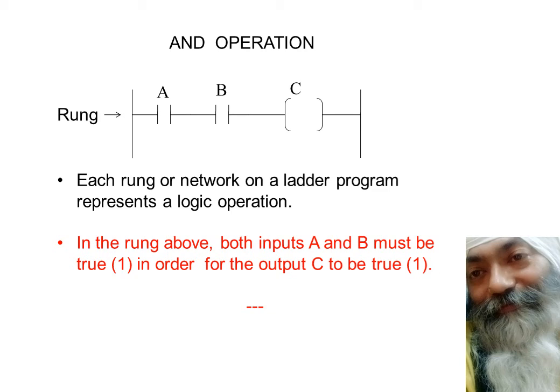In this case A is NO and B is NO, so both are true, both are 1. Only in that case the output C will be true. This is what we call the AND operation. Wheresoever you have two relays in series, that represents an AND gate or AND logic. So logically it is AND, both have to be true.